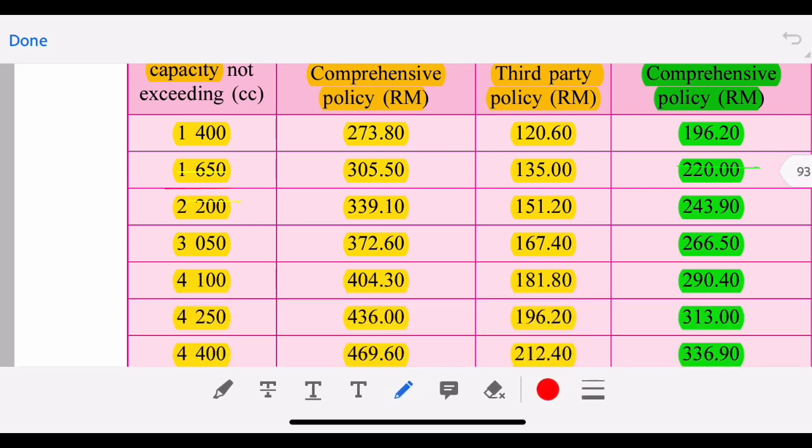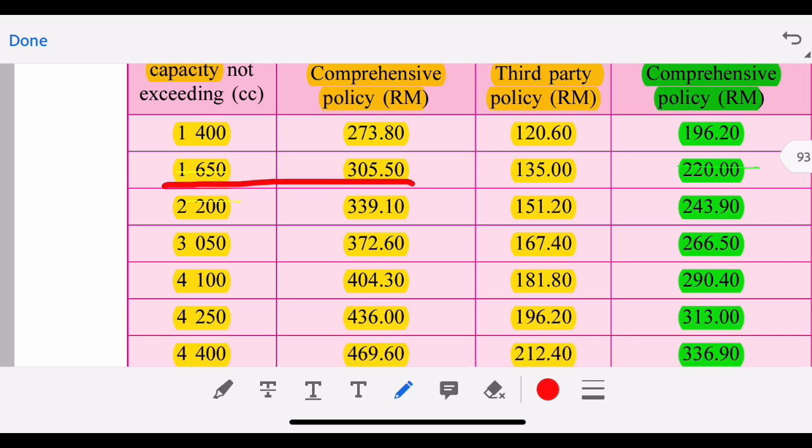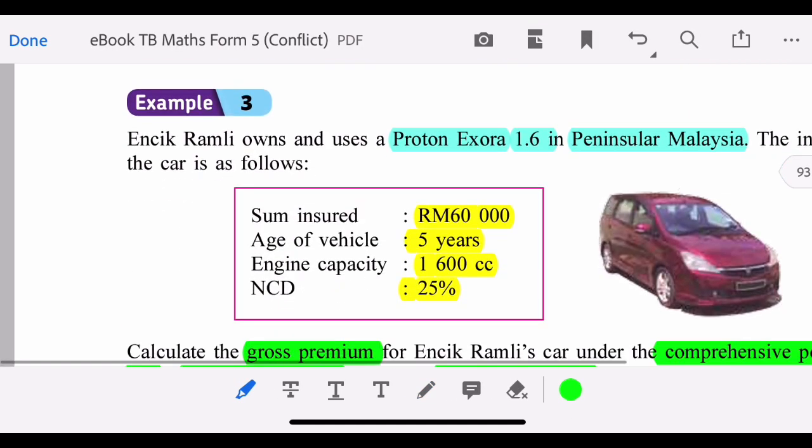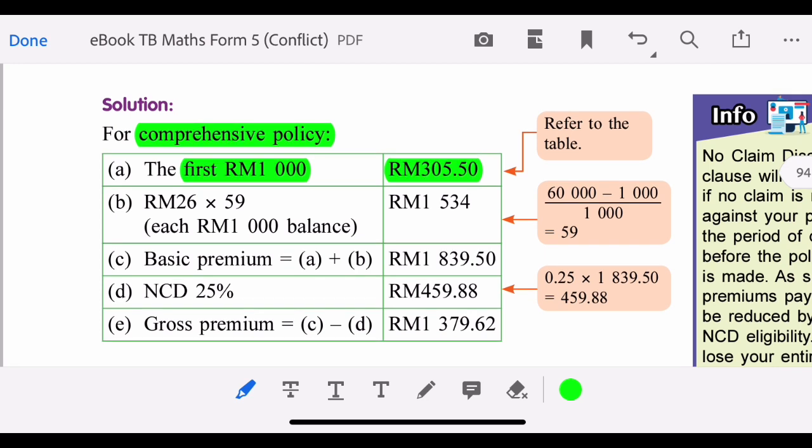Can you see that? This one I highlight again. Okay, let me highlight 1650. It is 305.50. So this one is fixed. You can read from the table. 305.50, refer to the table.